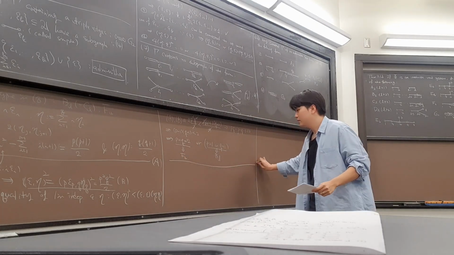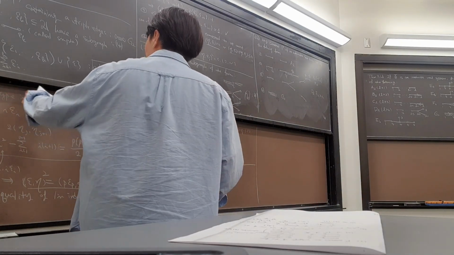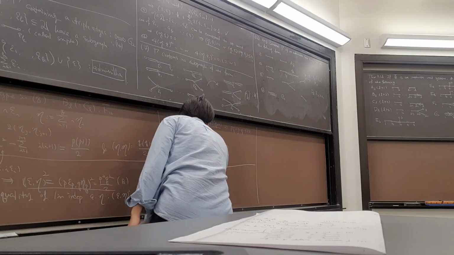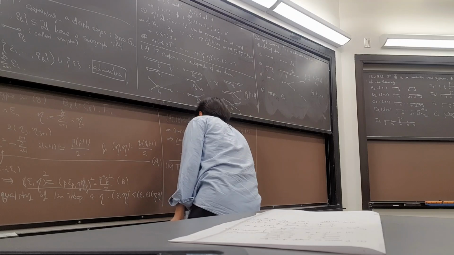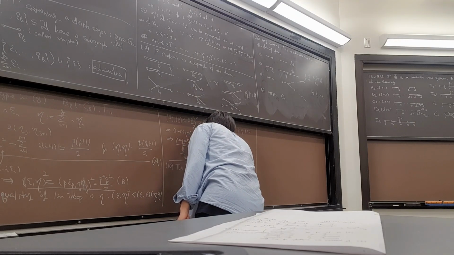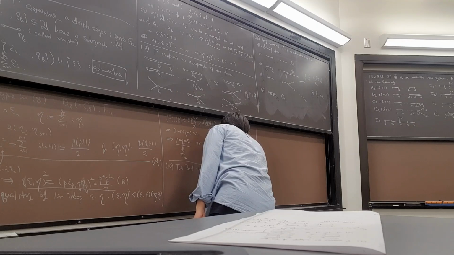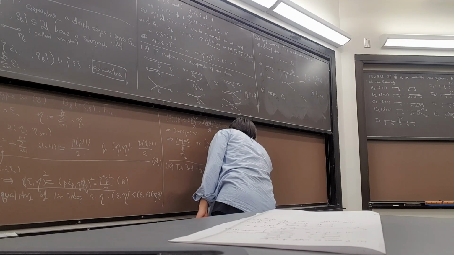And then the last claim is that the third type in A is just BL or E6, E7, E8 cases.